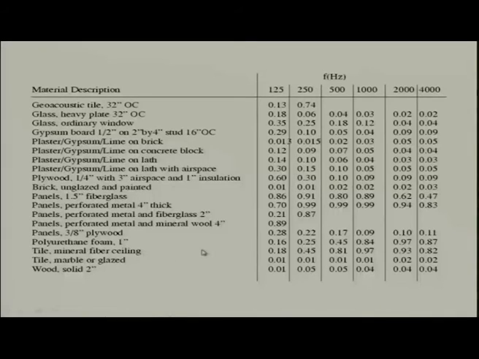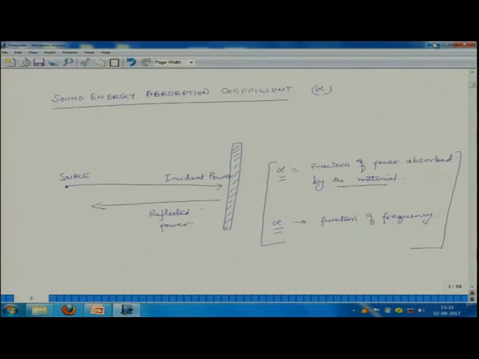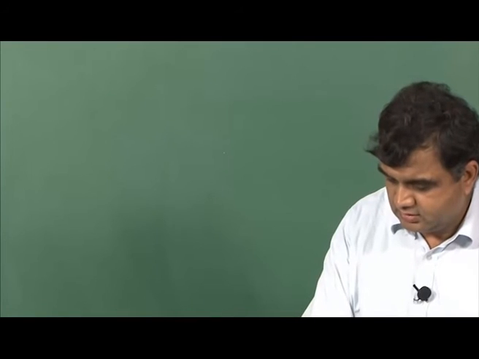And what do we do with this? So, of course, I mean, we get a feel how good or poor a particular material is, but when we work inside rooms, what we try to figure out is what is the overall sound absorption coefficient for the entire room. So, how do we calculate it?